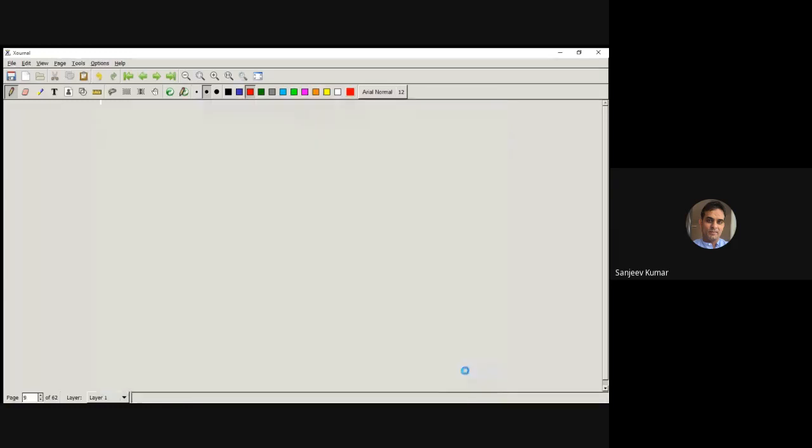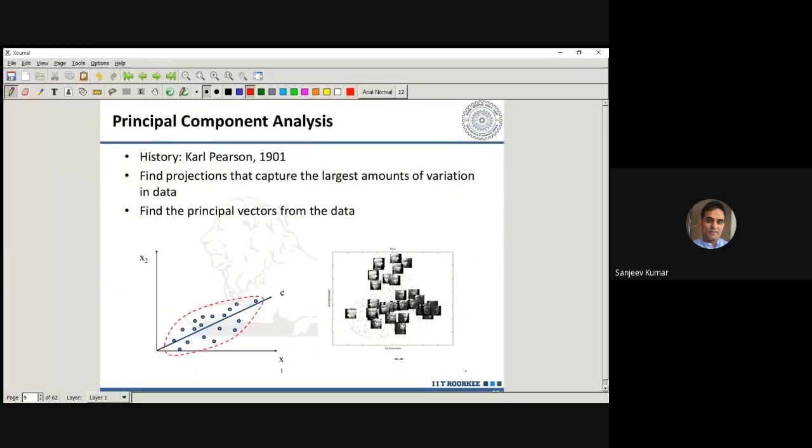So for example, see here, in this problem I have a 2-dimensional problem, x1 and x2. So this data is like this, x1, x2. Each point is a feature vector. Like if this is point 1, it will have some x1 coordinate and x2 coordinate, horizontal and vertical.